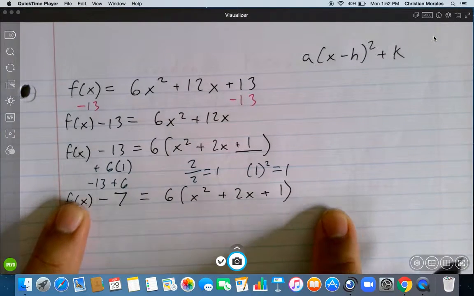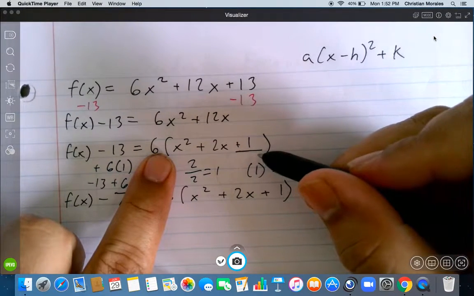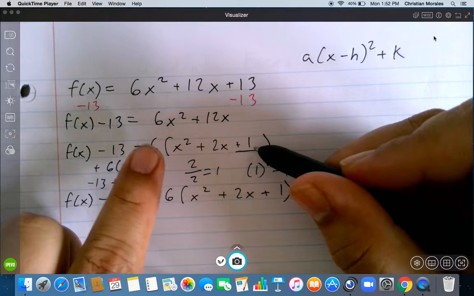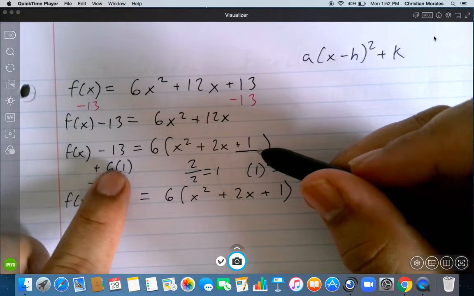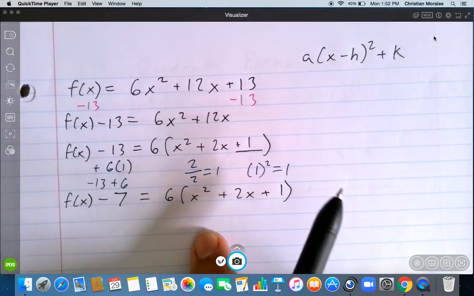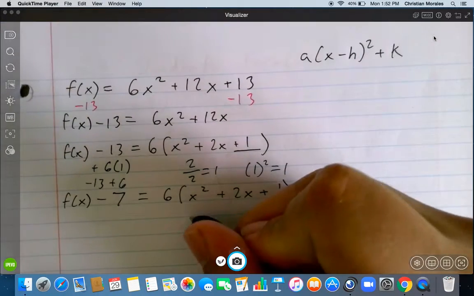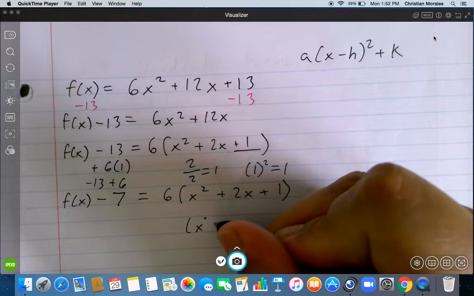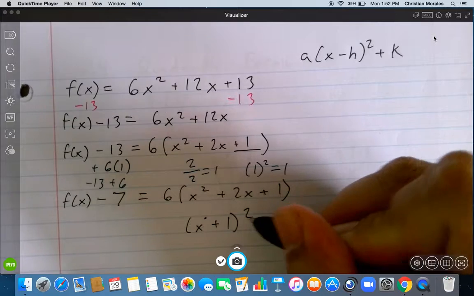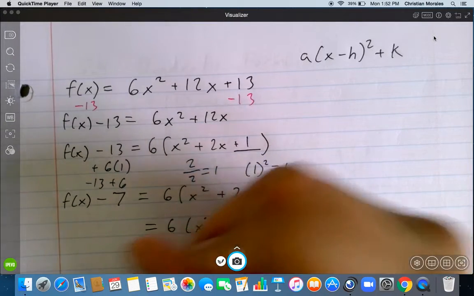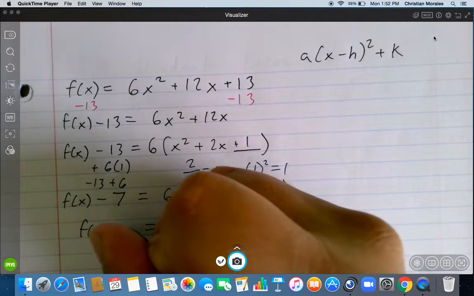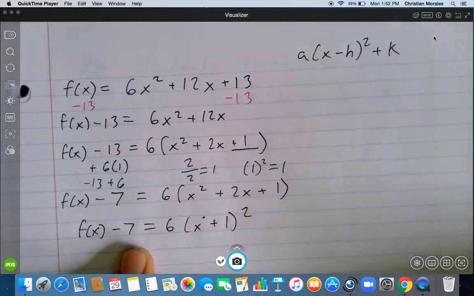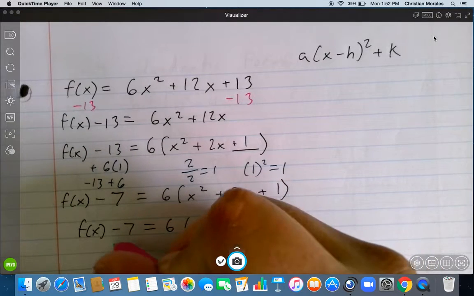All right? I know it's confusing, but the reason is it's not just the 1 in here anymore. That 1 is being multiplied by 6. So the real number in here, you're treating it like a 6 times 1. Okay, this we should write as a perfect square. So we're going to write it as x plus 1 squared, 6 outside, f of x minus 7. Almost there. What do we have to move? The 7.